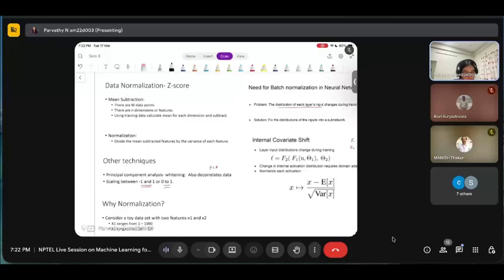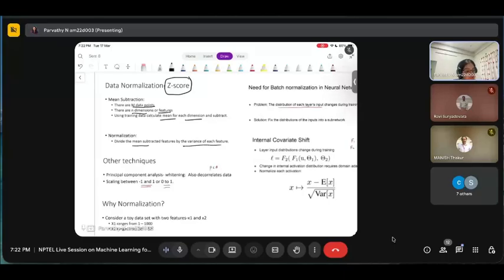So one thing that we do is normalize the data. One way to do this is z-score normalization. If there are n data points and n dimensions or features, we calculate the mean for each feature, and then we subtract this mean from each feature value. And then finally, we divide by the standard deviation of each feature.